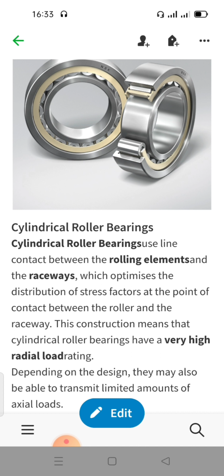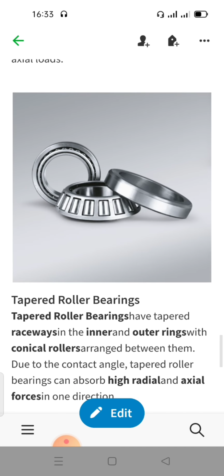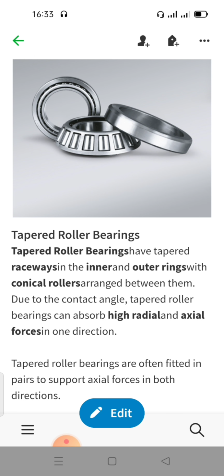If your alignment is no issue or the alignment is perfect and the load is much heavier, then we will go for cylindrical roller bearing. Okay, hope it's clear.